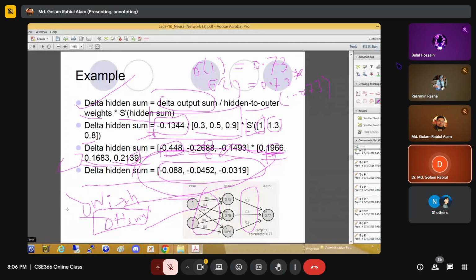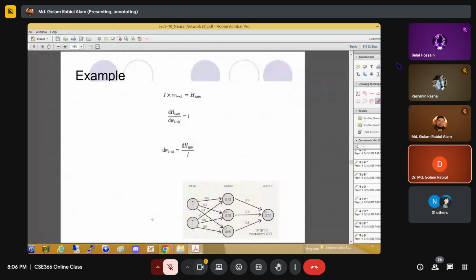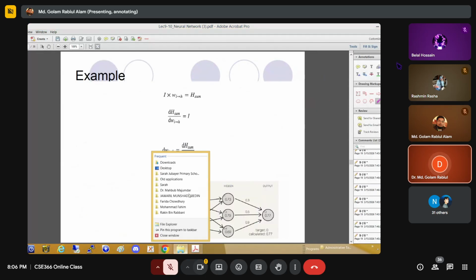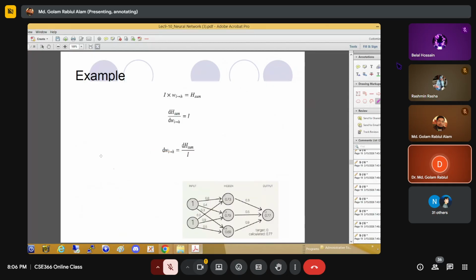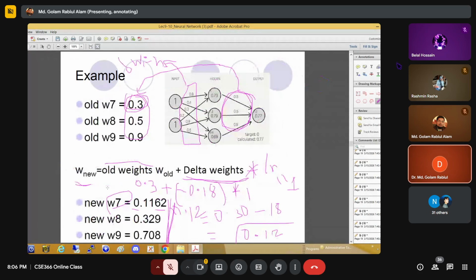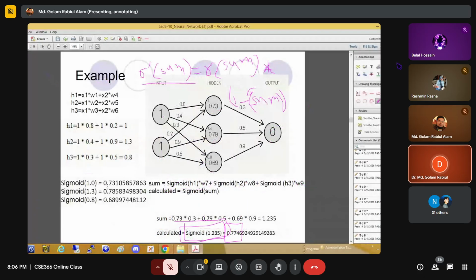So now to get the delta wi, we need to do a little more math. Another equation we have already utilized: input value times wi equals hidden sum. That is in our forward propagation. We have already utilized that equation.